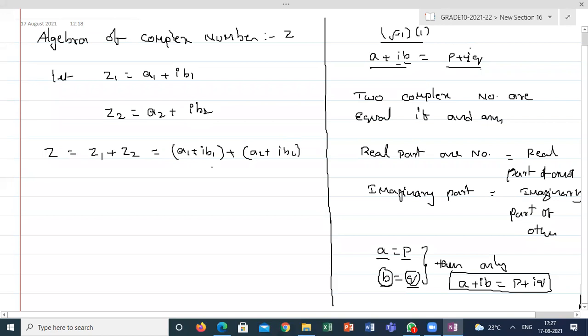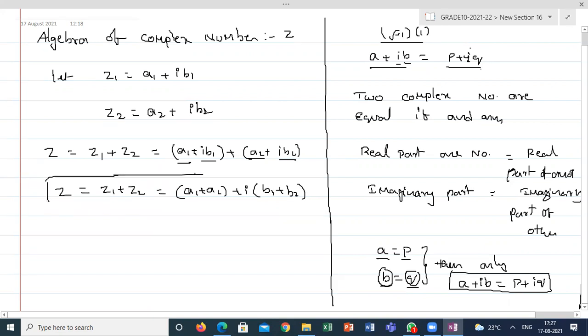Like in our algebra, the real part must be added with the real part, and the imaginary part with the imaginary part: a1 plus a2 plus i into b1 plus b2. Is it clear, guys, what I'm saying? This is your addition of two complex numbers.